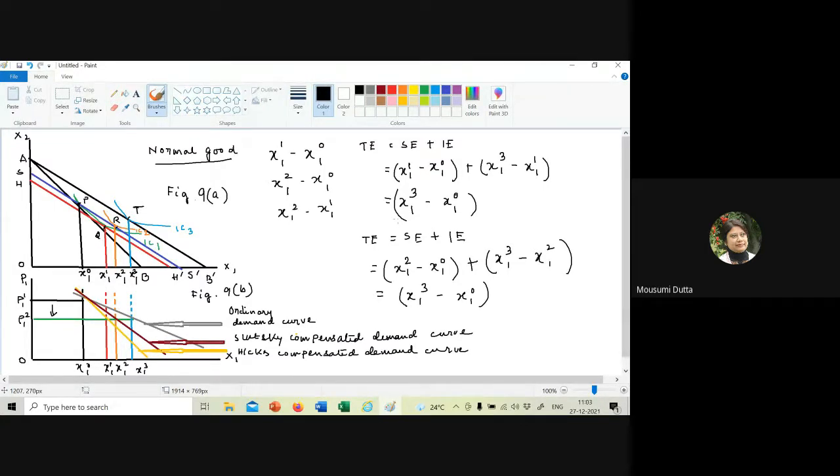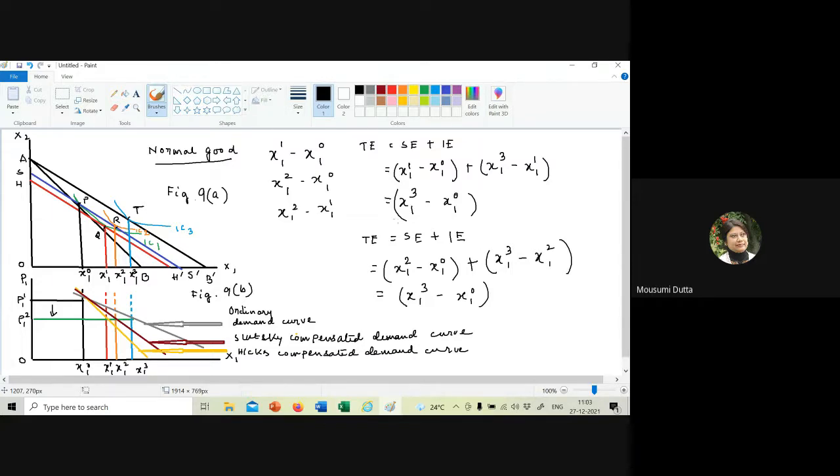In case of inferior goods, the Hicks demand curve is flatter than the ordinary and Slutsky demand curves.